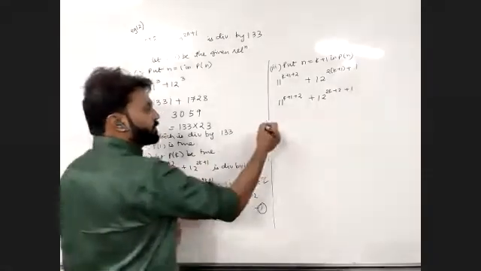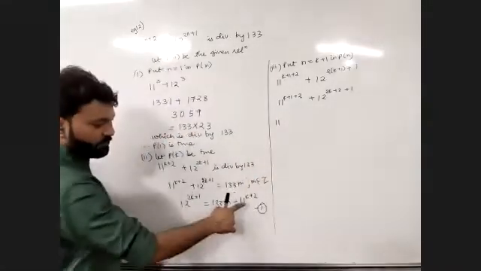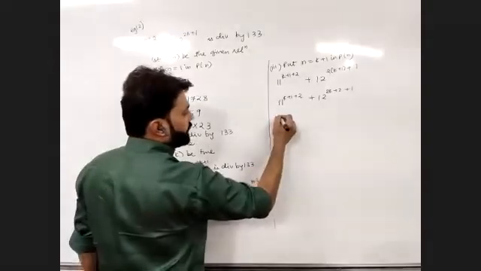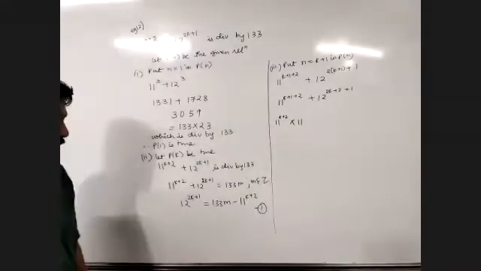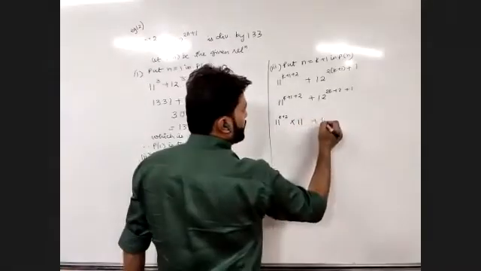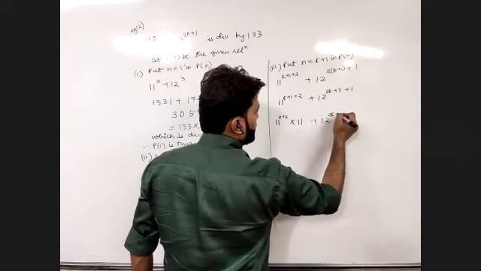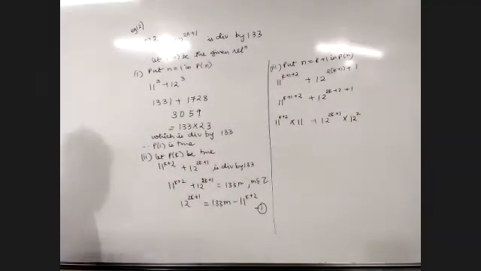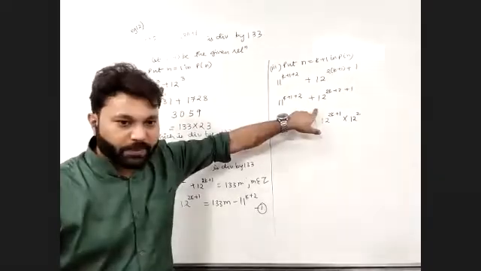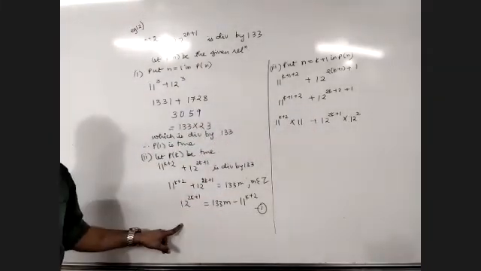So we will write this as 11 raised to the power, because we already got k plus 2, so 11 raised to the power k plus 2 into 11. And this will be written as 12 raised to the power 2k plus 1 into 12 raised to the power 2. Is it clear? Because this has to be reduced to this form.